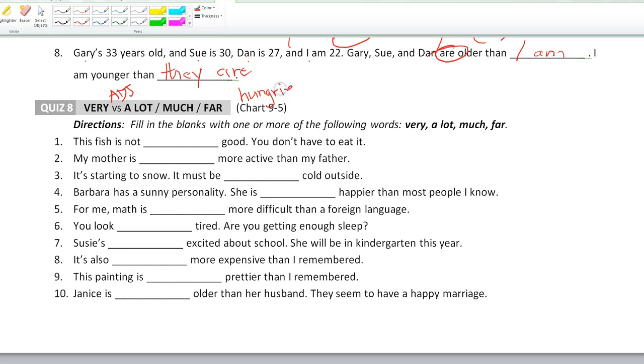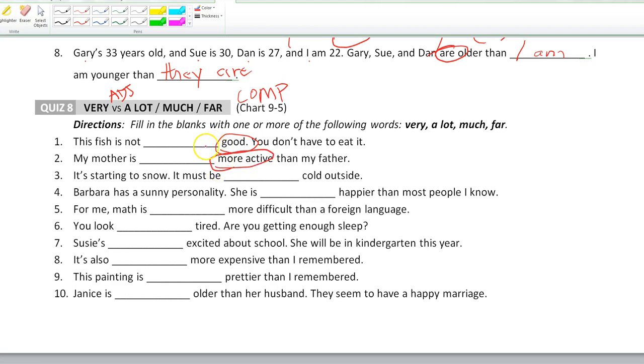Hungrier. A lot hungrier. Much hungrier. Far hungrier. Okay? So for this, we are using the comparative form of the adjective, not just an adjective. So let's be careful. So what do we need to do here? We need to decide if the word after the blank, right here, is an adjective or comparative.